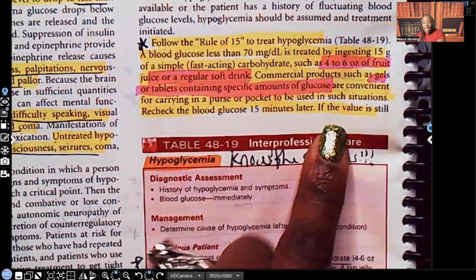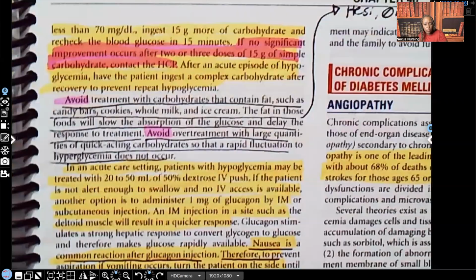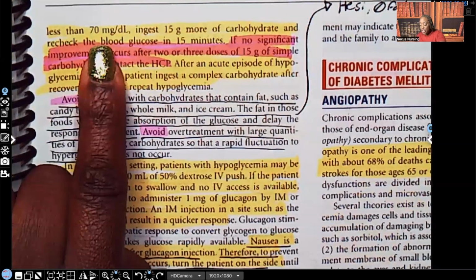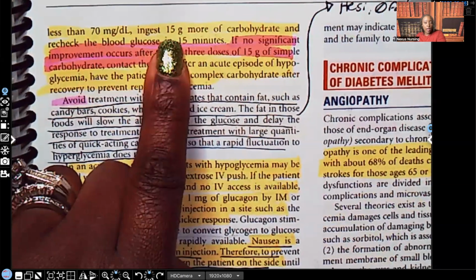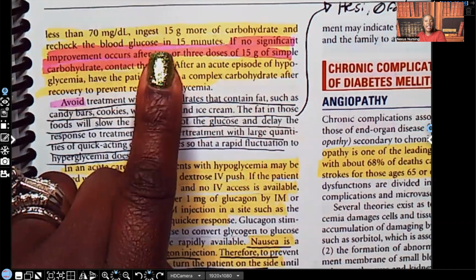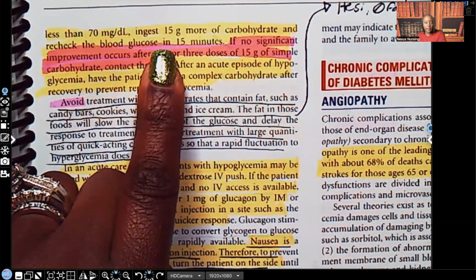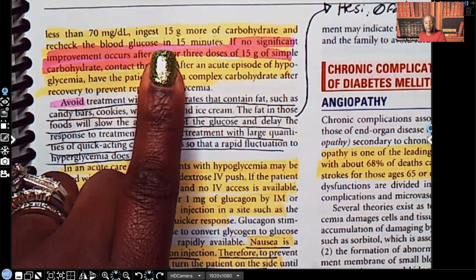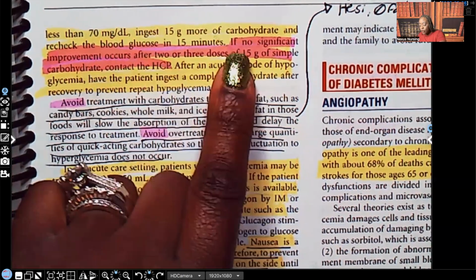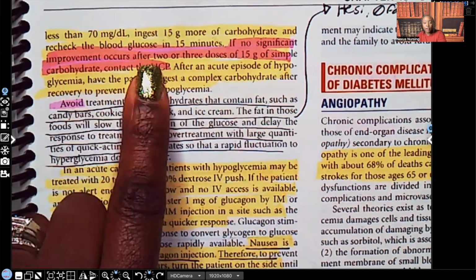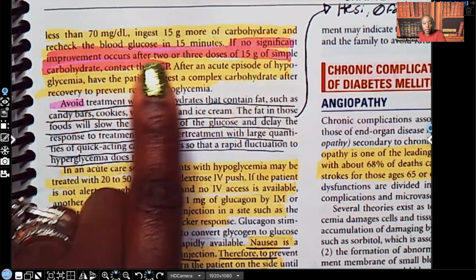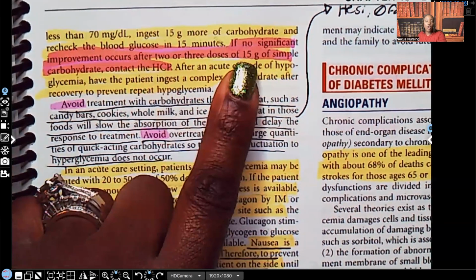And then it says, if the value is still less than 70, ingest 15 grams more of carbs and then recheck the glucose in another 15 minutes. So that's why it's called rule of 15. You're going to take 15 grams of a rapid acting carb, check that glucose in 15 minutes. And if it's still less than 70, take another 15 grams, then check again in 15 minutes. So you've done it twice now. If no significant improvement occurs after 2 to 3 doses of the 15 grams of simple carbs, call your healthcare provider.